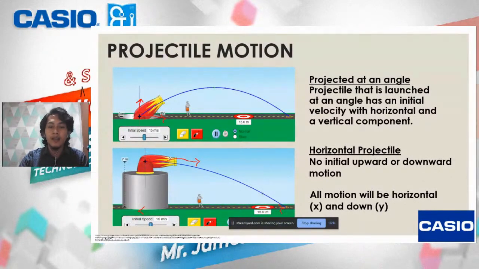And if you notice, compared to projected at an angle, which has a flight going up and then a flight going down, in horizontal projectile our motion is only downward. That is why our motion has only a positive x component and a negative y component.